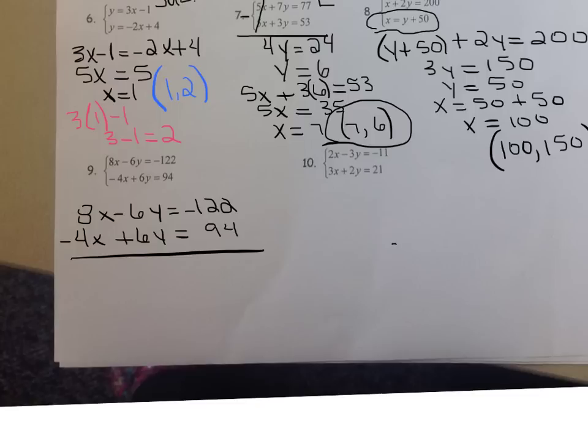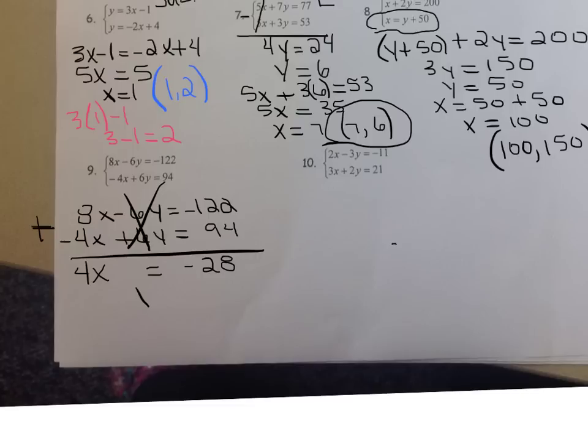Now, I look at my y values. I know that I need to add in order to get rid of the 6 y's. Alright, so 8x plus a negative 4x is 4x. These cancel. Negative 122 plus 94 gives you a negative 28.